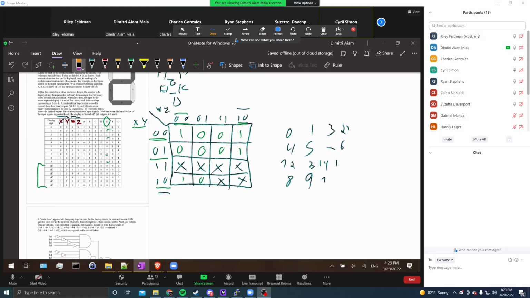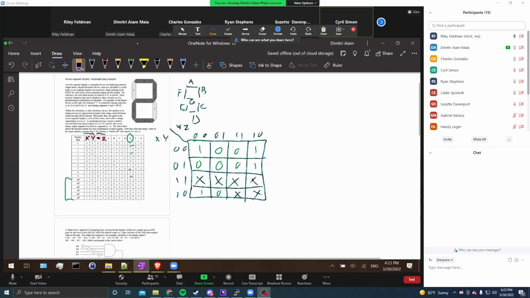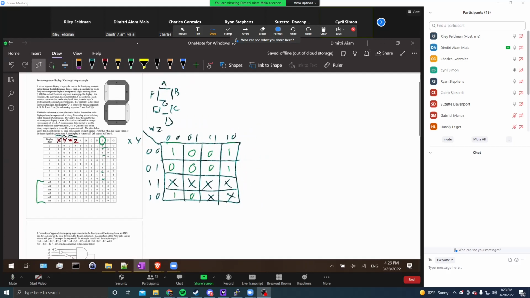So what if we had to do a K-map for one of the display digits? When you say one of the digits, you mean like a 2 or a 1? You know, the display digits. Each digit is composed of each one of these over here.